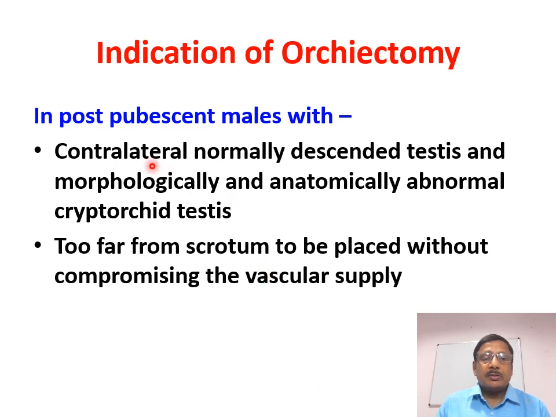You examine that the contralateral testis has normally descended, and the cryptorchid testis is morphologically and anatomically abnormal. That means the other testis is normal, but this testis is high up and is having abnormality, soft consistency, and it cannot be brought into the scrotum because it is too far.